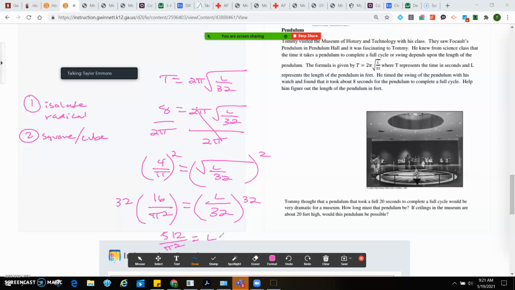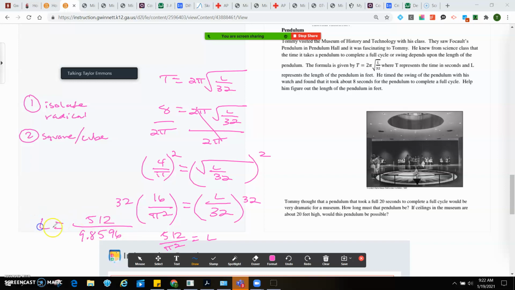So pi squared, 3.14 times 3.14. Oops, let's fix that. 3.14 times 3.14. That's going to give us roughly 9.8596.